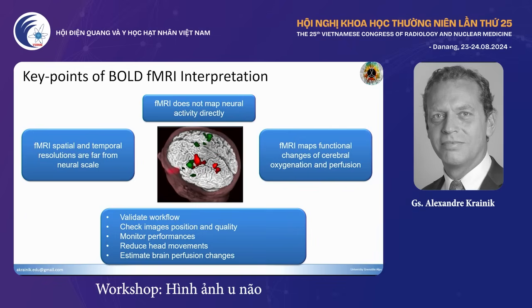And the other thing is that the spatial and the temporal resolution using fMRI are very far from the scale of the neuron. Neurons are working at the millisecond scale. We work at best at the second scale. Neurons' size is in microns. Our size is in millimeters. And you see a factor 1,000 between the scale of functional MRI and the scale of the neuron.